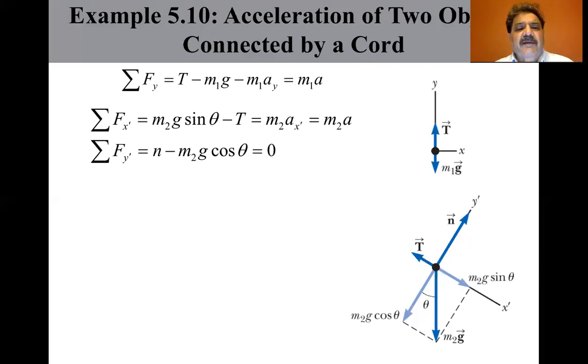Fx prime equals m2g sine theta. Remember I warned you about the sine coinciding with the x when you're working with inclines like this.